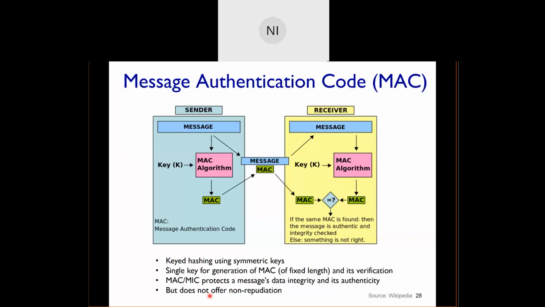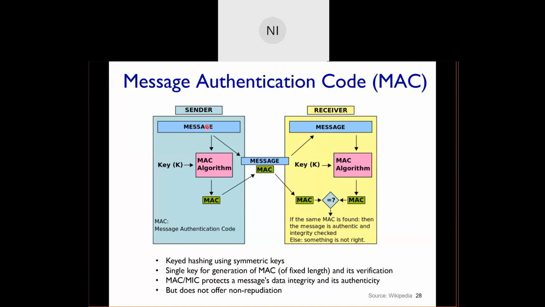But one thing that is not possible with message authentication code is non-repudiation. That means non-denial of the source of the message. In other words, let me explain. If you look at this particular case, let's say this is Alice and this is Bob.